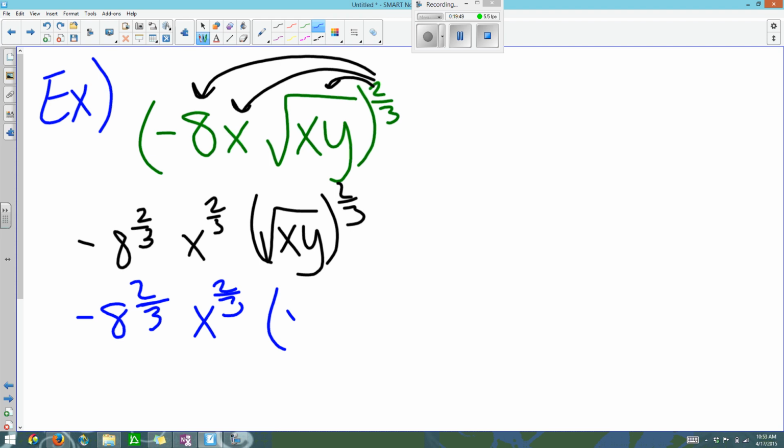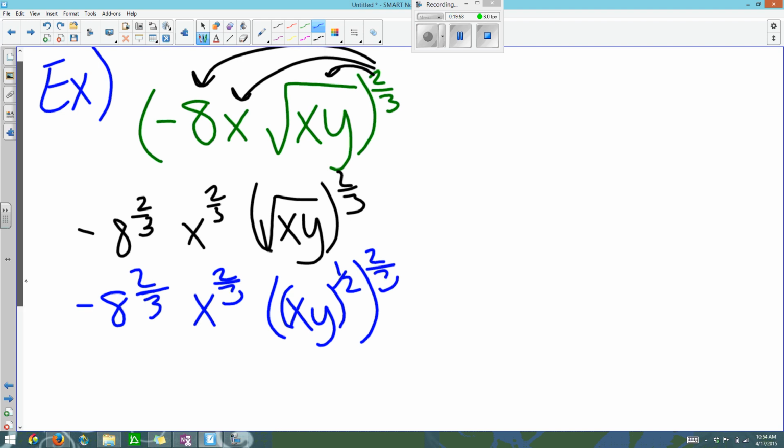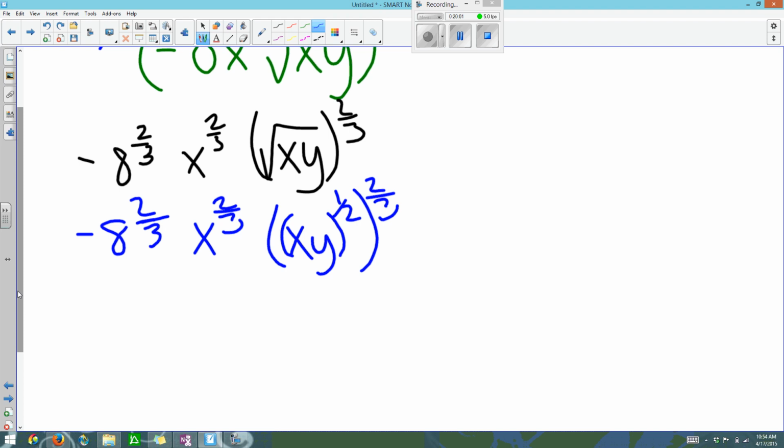Then I'm going to simplify the 1/2 and the 2/3 through multiplication, and I'll do that on the side right here. If you follow the arrow, I'll have x raised to the 2/6. That's 1/2 times 2/3.